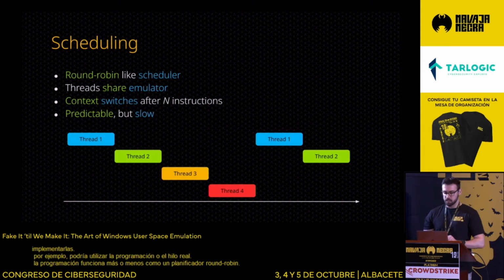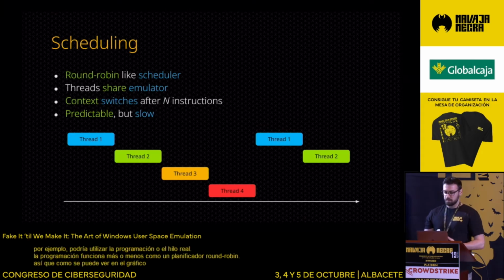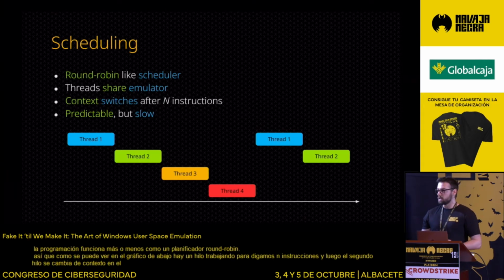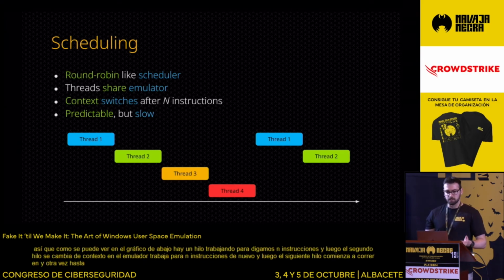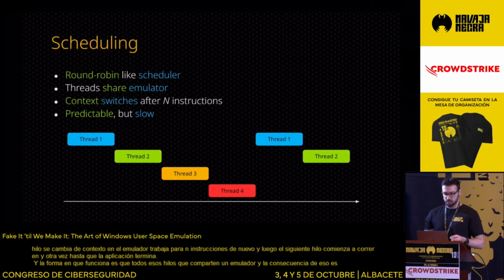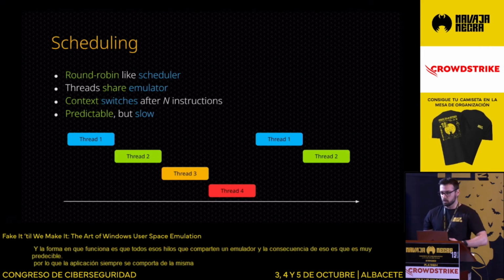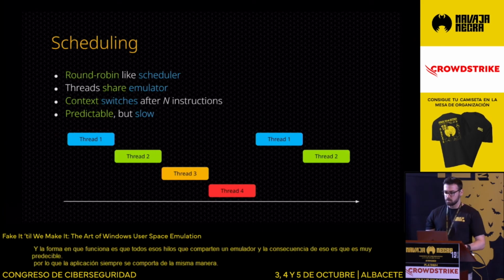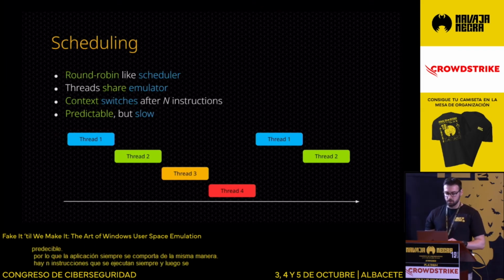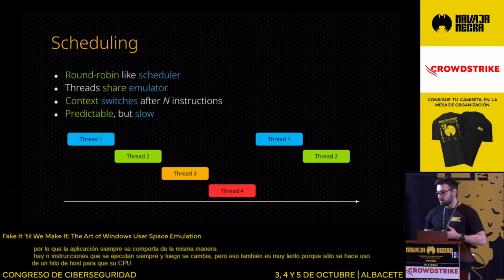All those threads share one emulator, and the consequence is that it's very predictable, so the application always behaves the same. There are n instructions being executed, always n, and then you switch. But that's also very slow, because you only make use of one host thread, so your CPU is not using all the threads that are available. But being predictable can be important in certain scenarios.